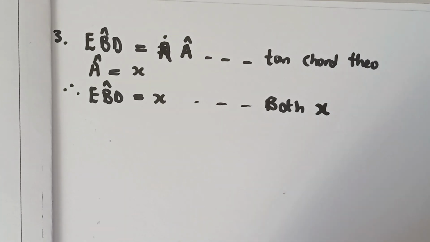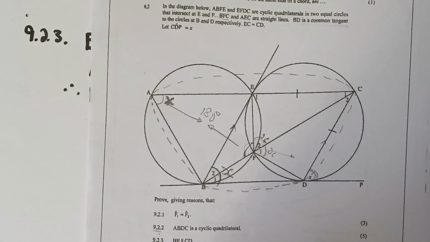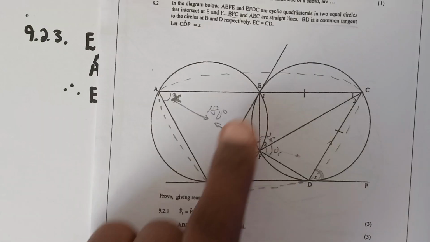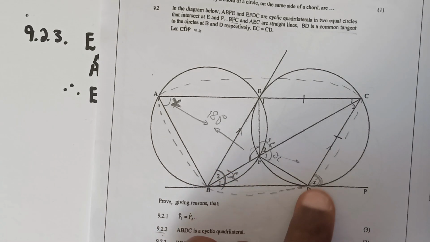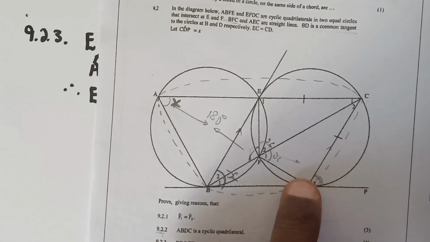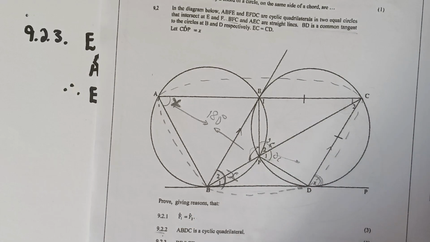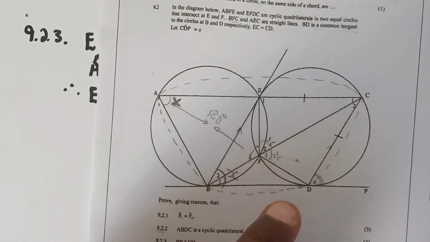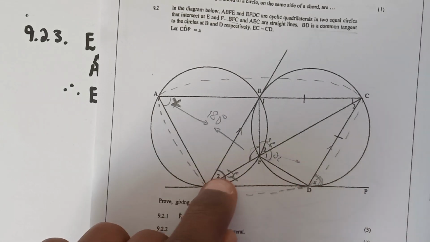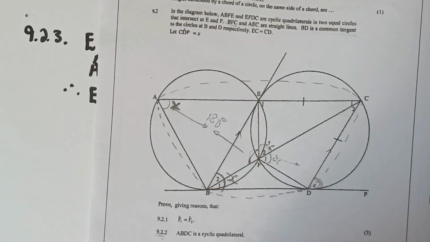So now let's see if we can get the properties of the parallel lines. We can say that angle EBD, the one that is equal to X, is also equal to angle CDP, the one that is equal to X here. The property of parallel lines that we use here is that corresponding angles are equal.